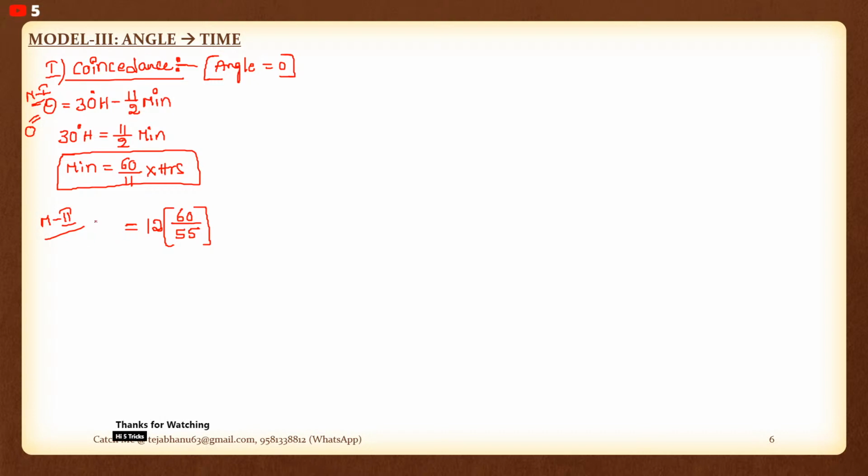I want time, which is 720 by 55, which can be termed as 65 1/5 minutes.